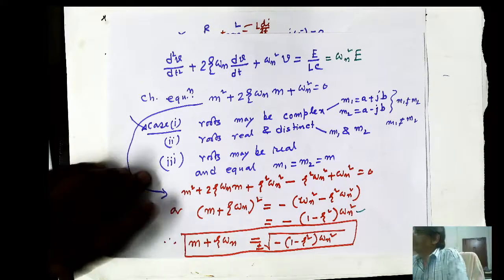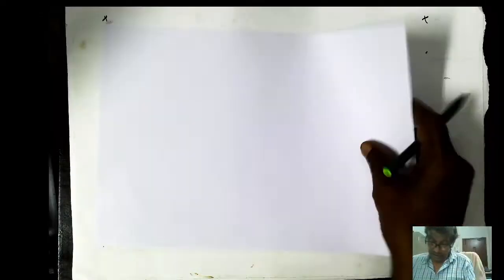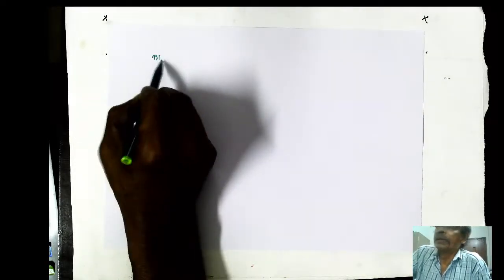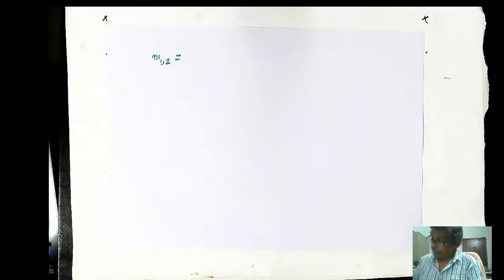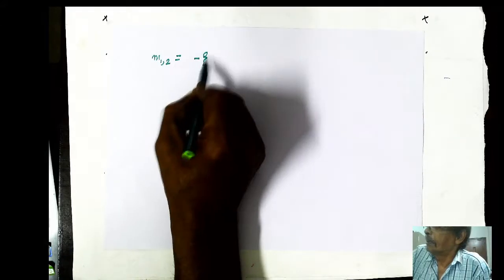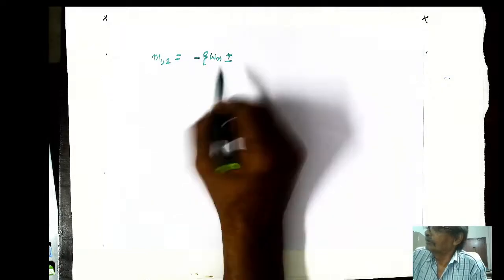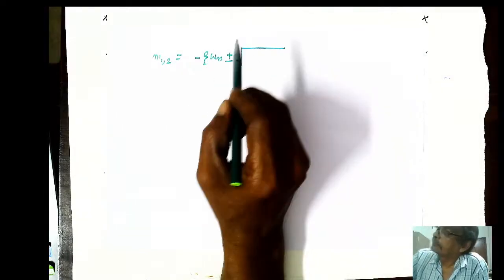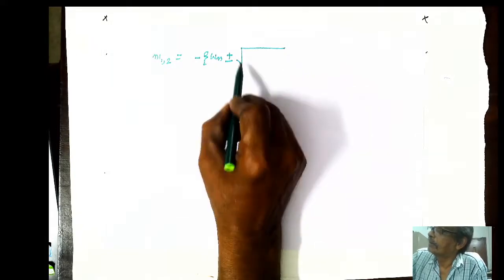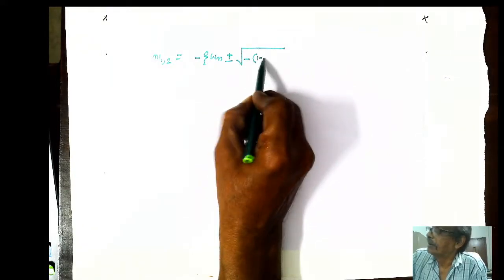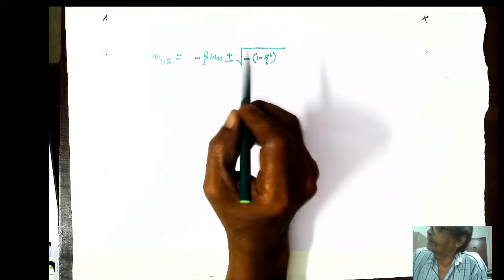So after you get that, what you can do is, so we have got, then the roots M1,2 can be written as minus zeta omega n plus minus square root of minus 1 minus zeta square into omega n square.